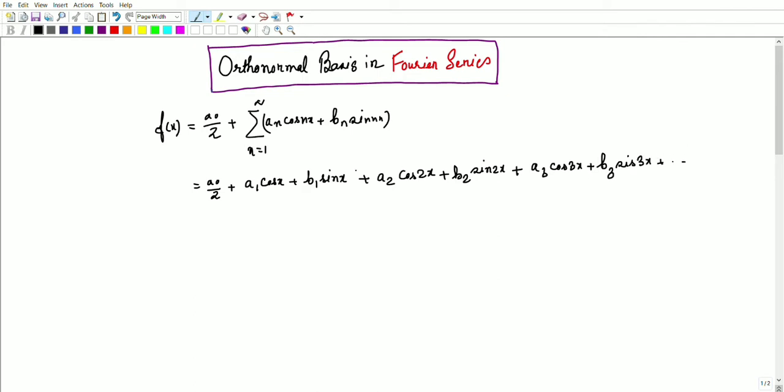Okay, so here we'll see what are the orthonormal basis. Here first we have written down this expression.